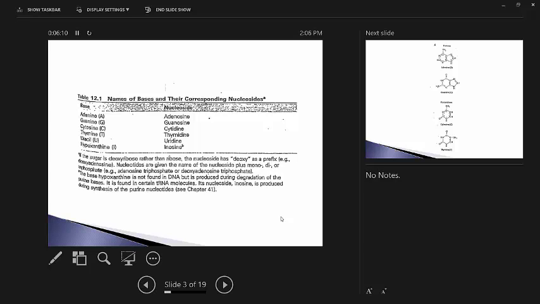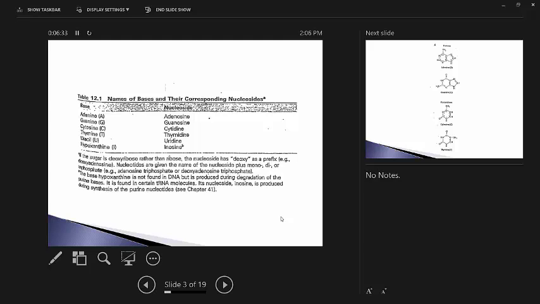Here are the names of the bases: adenine, guanine. Adenine, the nucleoside is adenosine, and the nucleotides are AMP, ADP, ATP: adenosine monophosphate, diphosphate, triphosphate.